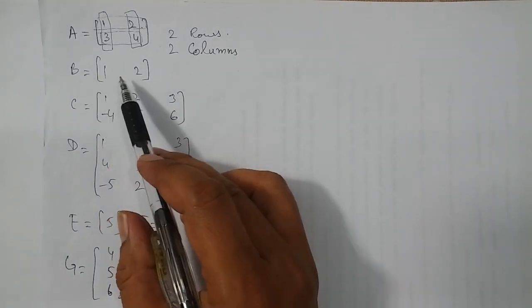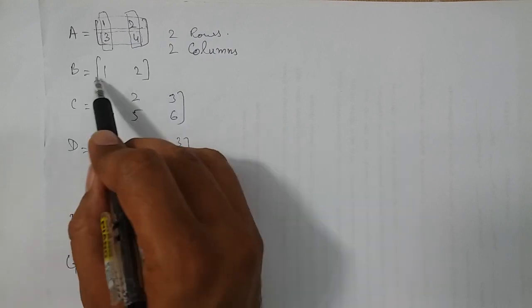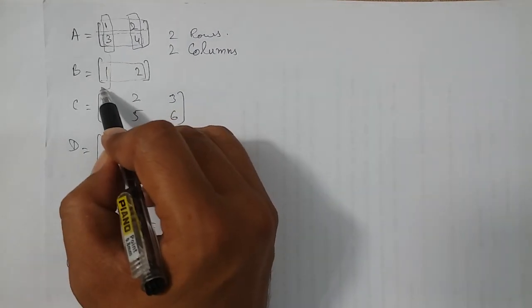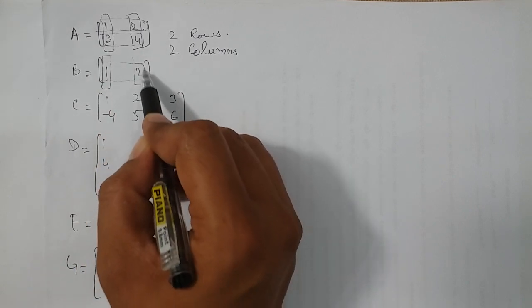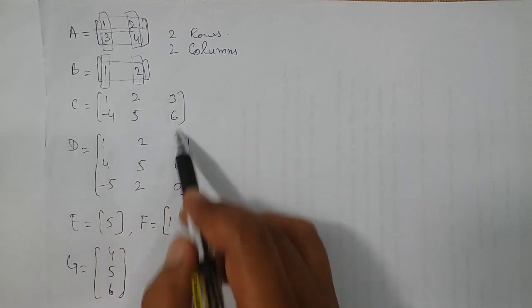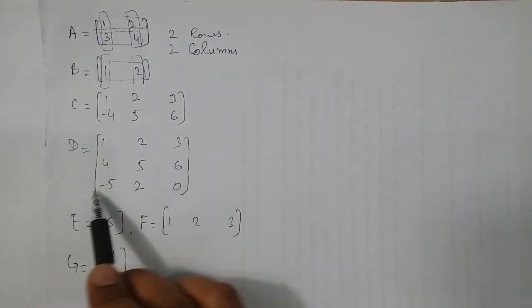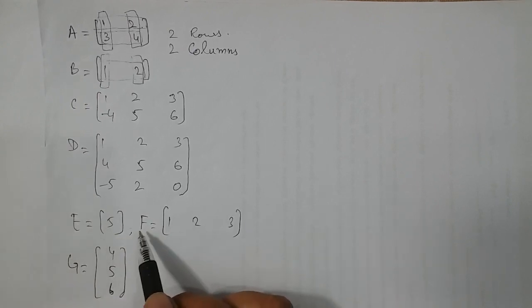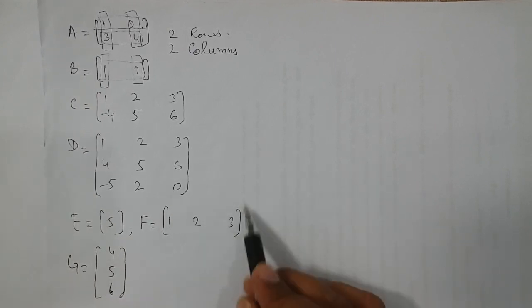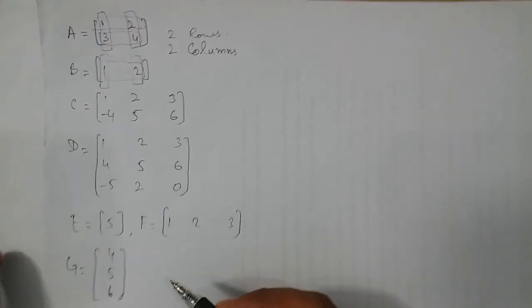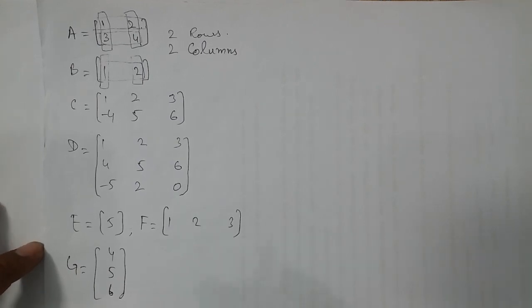Similarly, for matrix B, there is one row and two columns, and in matrix C, two rows and three columns. In matrix D, there are three rows and three columns. In matrix E, one row, one column. In F, one row, three columns. And in G, three rows and one column. So the number of rows and columns may differ in a matrix.